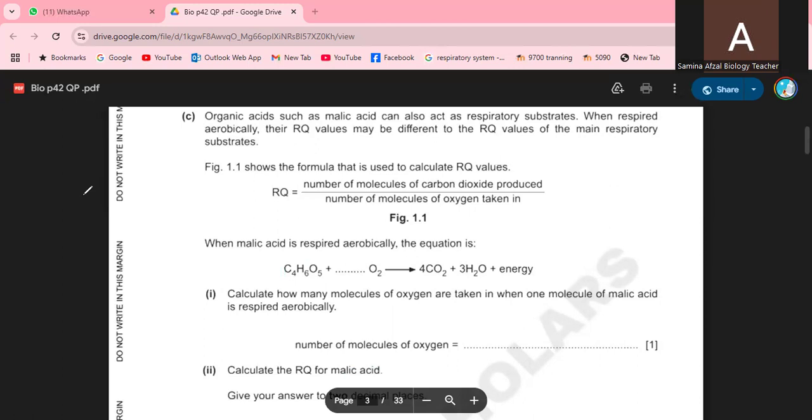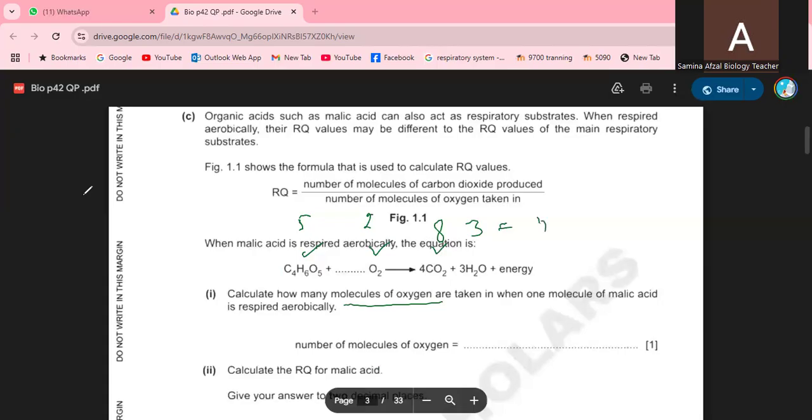So when one molecule of malic acid is respired, we have to find out the molecules of oxygen. Here you can count how many oxygen atoms are involved. On the other side, there are 5 plus 2, which is 7, and we have to balance this equation. On this side, there are 3 molecules of oxygen, and on the other side 5 plus 2 is 7, so there are 11 in total.